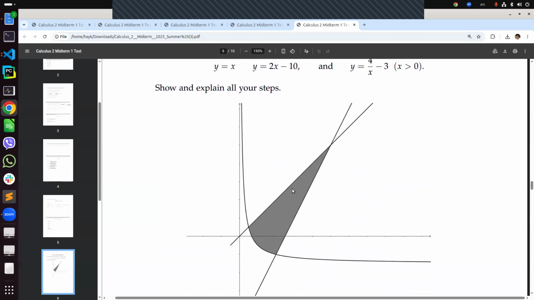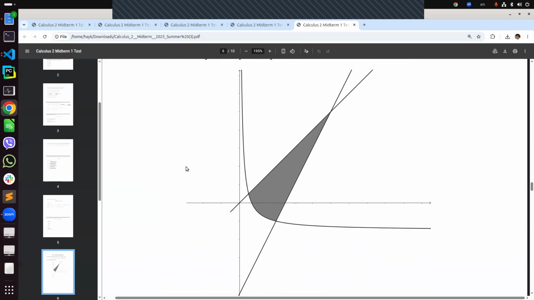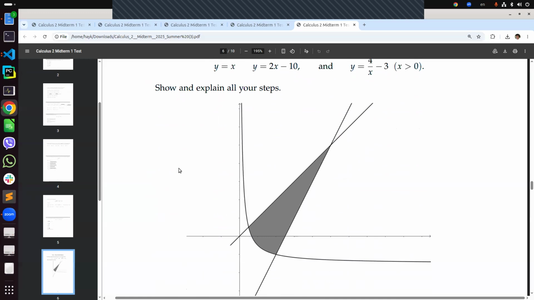And then we have to calculate the area of this region. How can we do it? By simply splitting this integral into two regions, S1 and S2.